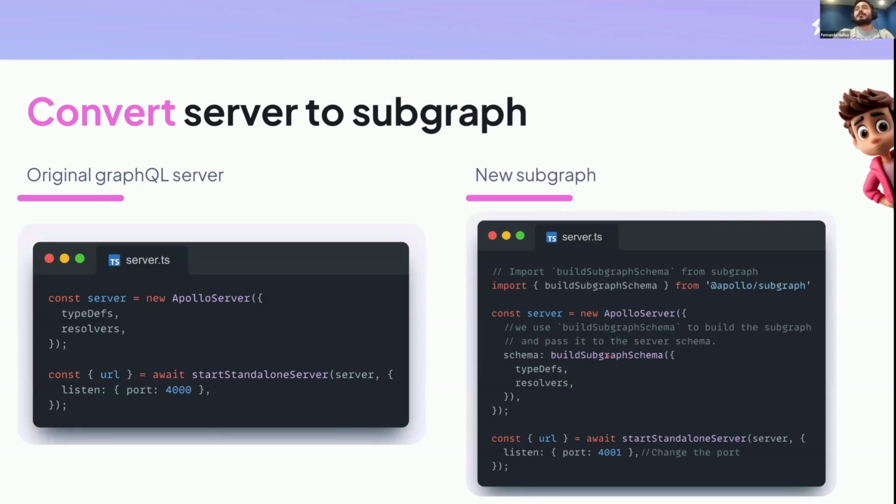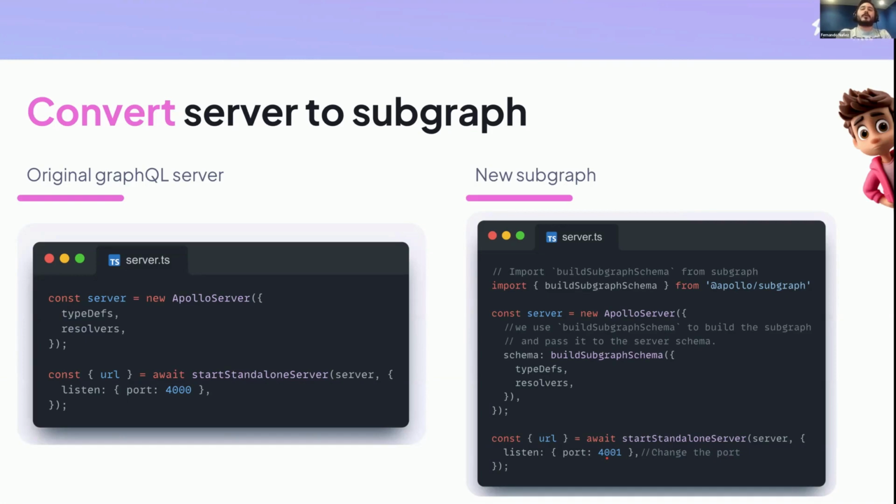That function returns the subgraph schema, and we pass that schema to the Apollo server that we currently have. And we need to run the subgraph on a different port, so we need to change the port where we are running it.